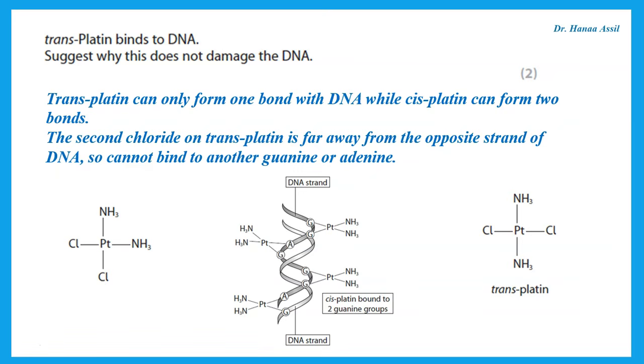So the trans cannot form 2 bonds with the DNA, it forms only 1, and that doesn't affect the DNA much, but the cis forms 2 bonds to the DNA, and that prevents it from replication.